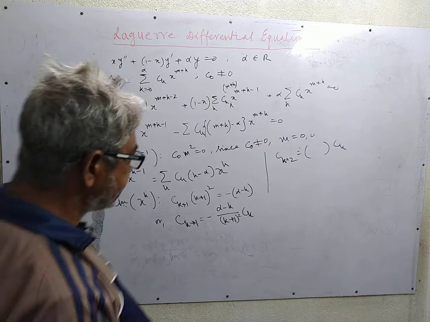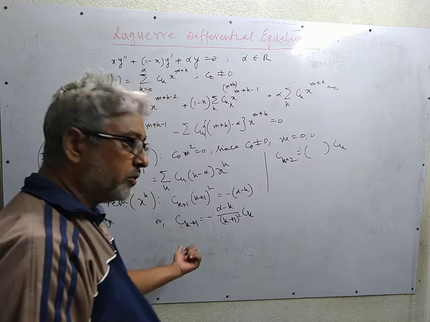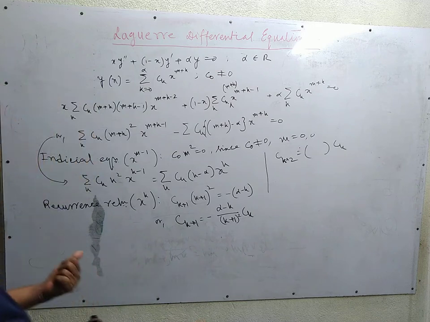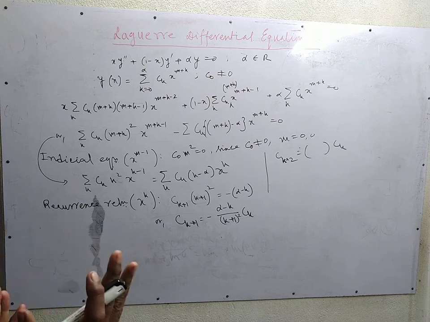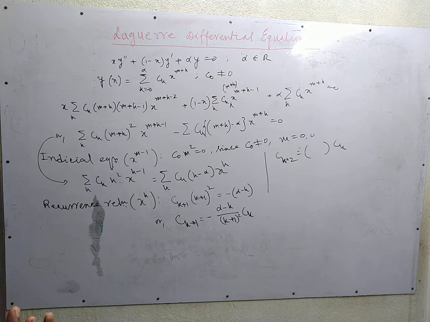But here, since both even and odd powers of x are involved, the solution has no definite parity. Indeed, the question of parity does not arise in connection with the Laguerre differential equation, because here x ranges from 0 to infinity. The question of parity arises when one takes an inversion about the origin, and here no such situation arises.